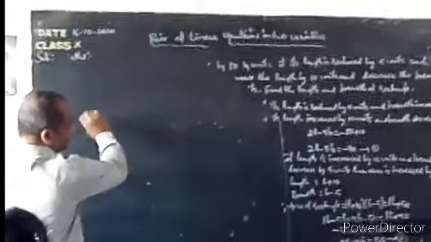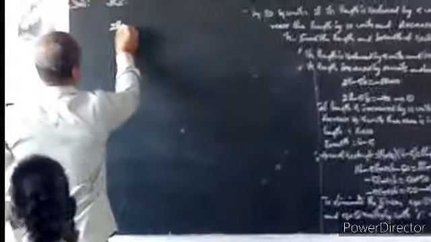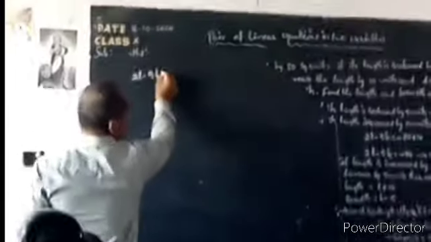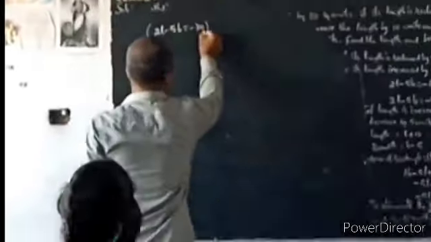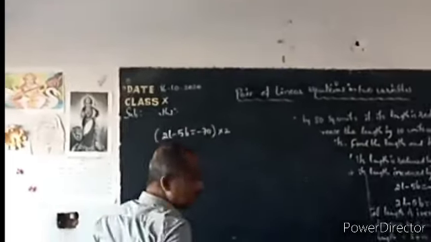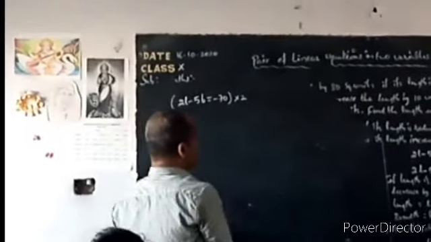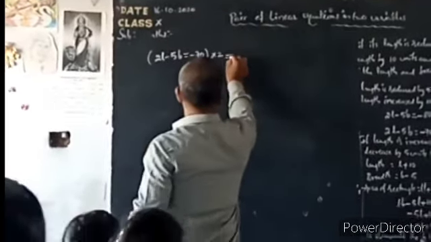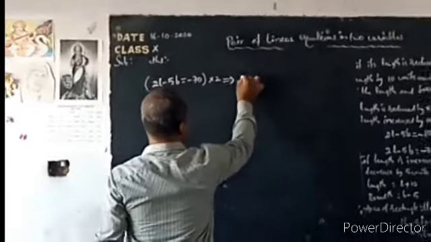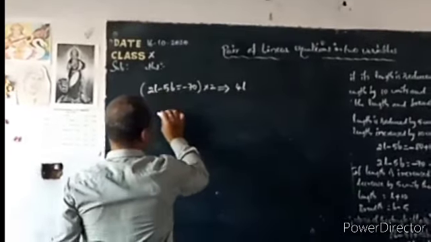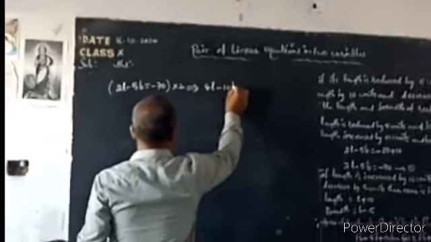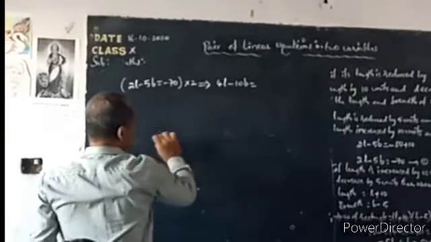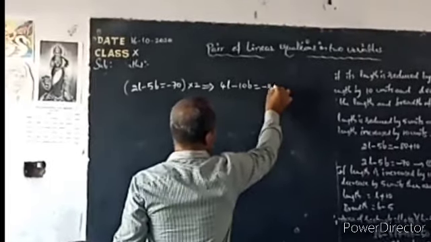Equation 1 multiply with 2. What is the equation 1 here? 2L minus 5B is equals to minus 70. Total equation into 2, what it becomes? Which implies 2 into 2L, that is 4L. 2 into minus 5B, minus 10B, that is equals to 2 into minus 70, minus 140.